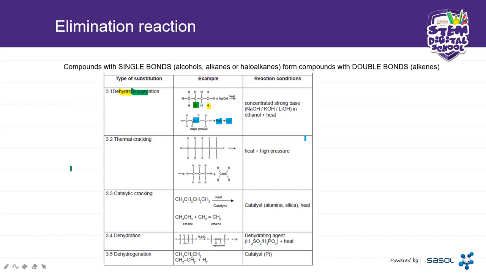So we're going to have our double bonds, and we're going to have our NaBr plus H2O. Remember, on dehydrohalogenation, there must be an H2O as well. Okay, so there we have it, our H2O, NaBr, and this is what we have for our dehydrohalogenation.